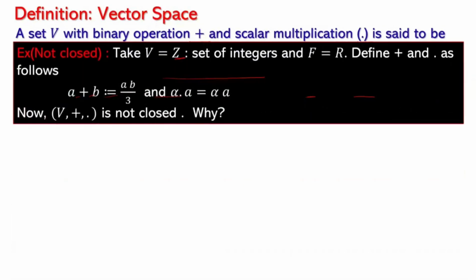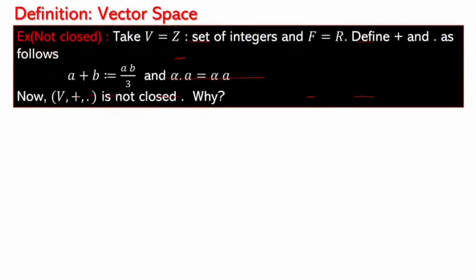So let's have an example here. Let V equal Z, the set of integers, and F the set of real numbers. We define the addition and scalar multiplication as a plus b equals ab over 3, and alpha a is the usual multiplication.